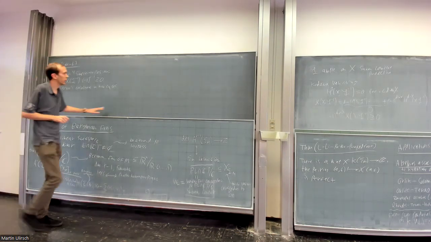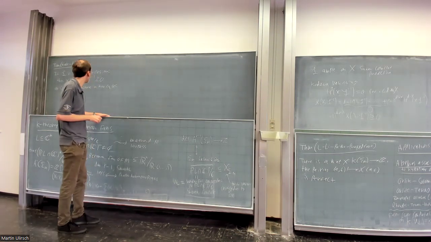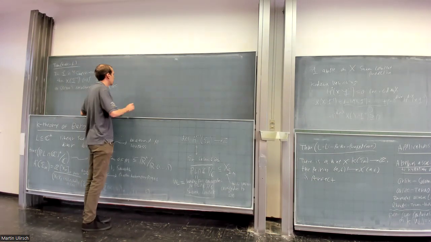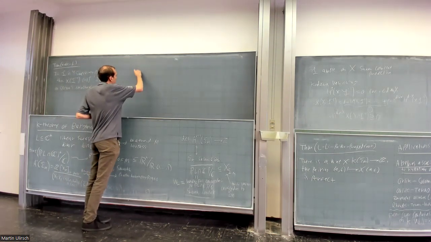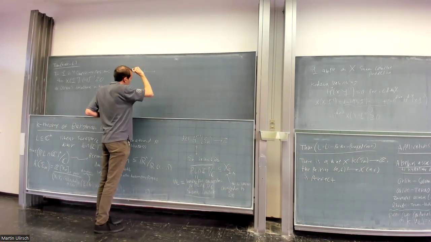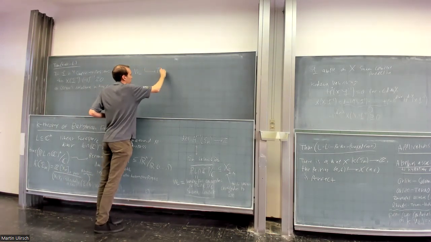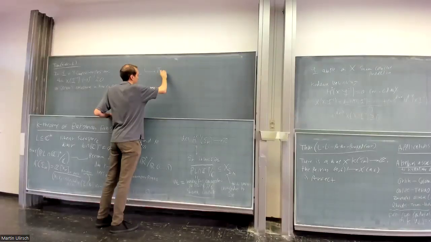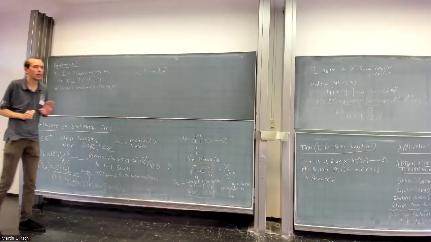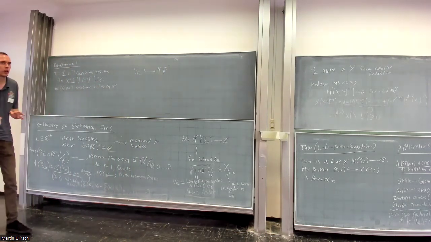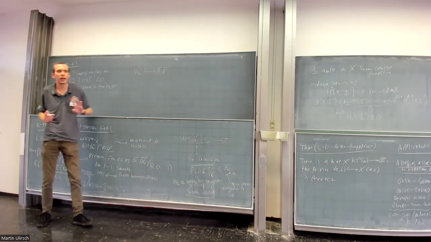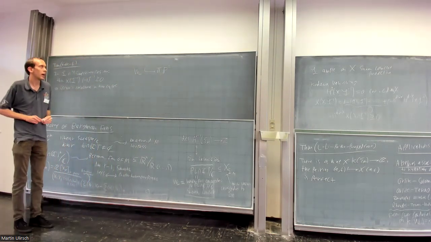Okay, so let me just say very briefly the geometry of why we're able to prove this. There is an embedding of the wonderful variety into a product of projective spaces. I'm not going to say where it comes from, but there is some specific embedding like this that I'm thinking of.